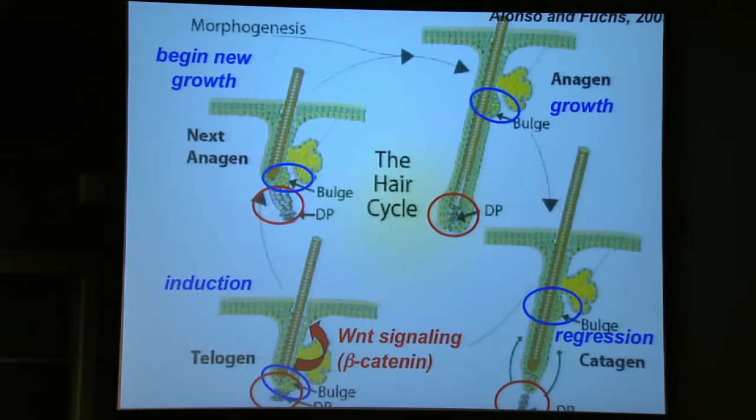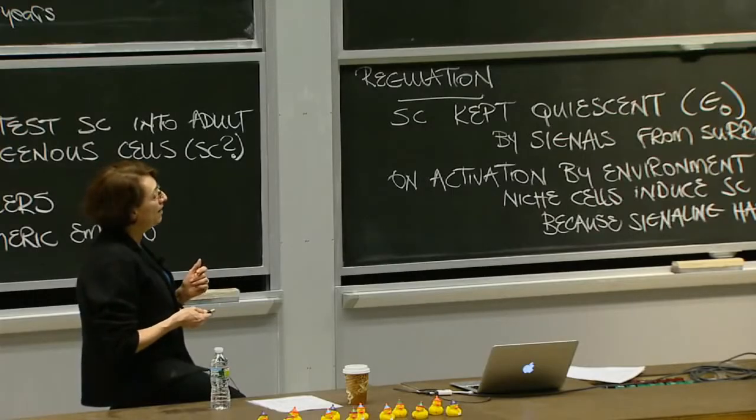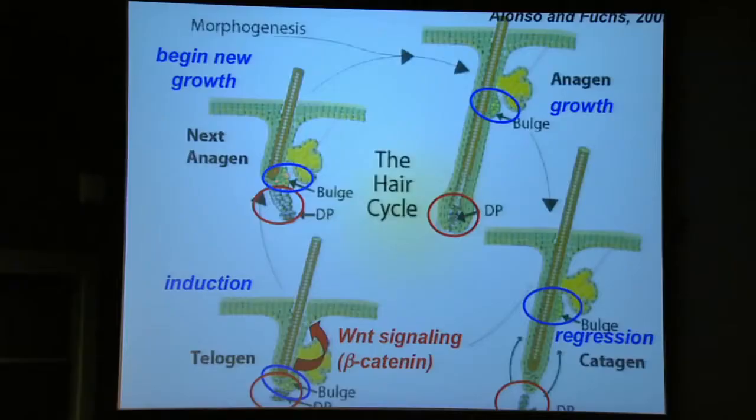So at a particular stage of the hair cycle, look on the bottom of the screen here, the bulge cells and a group of cells called the dermal papilla that lies right at the bottom of the hair shaft are touching one another, and at that point a particular signaling pathway called the Wnt pathway is activated, and these dermal papillae cells tell the bulge cells to start dividing and start making a new hair shaft. After that's happened, the bulge cells move away from the dermal papillae cells.